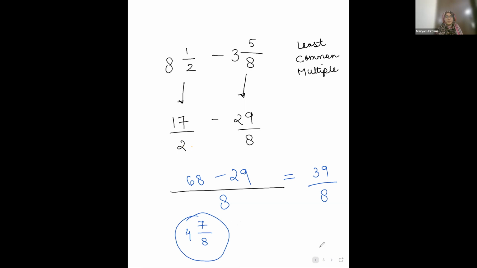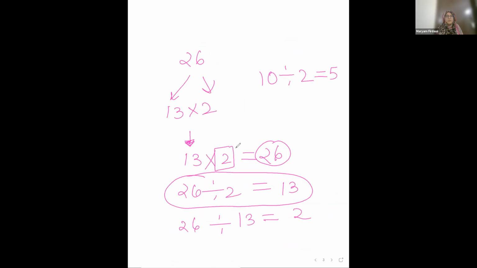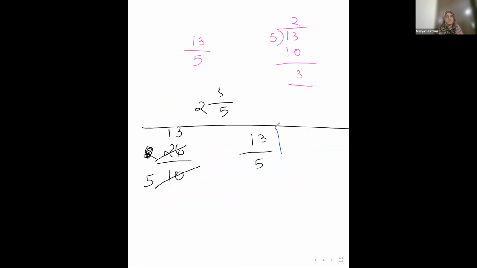One more thing that I wanted to share with you, that you saw this 26, right? So let's say if we started doing it like this. Just watch me doing 26 by 10. Let's see what would happen if we try finding out the mixed fraction for 26 by 10.